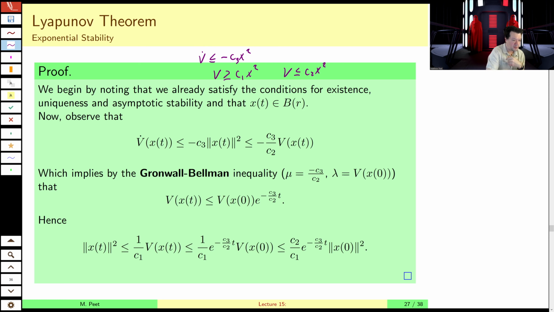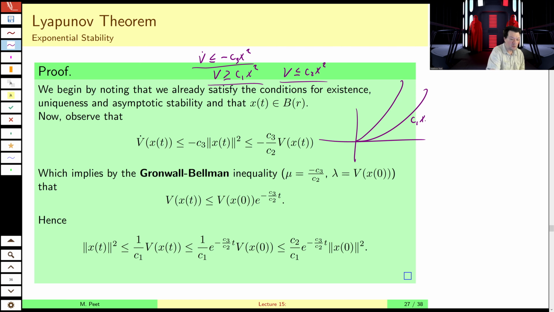I think those were the three. So we have a condition on the derivative, strictly decreasing. We have a condition on v, which is greater than some quadratic. And then we have a condition on v that is less than some quadratic. So if we think about v here, we've got a quadratic here, and we have a quadratic here.